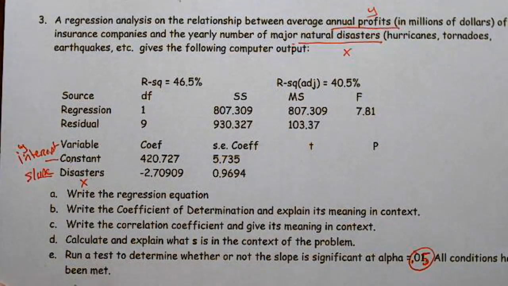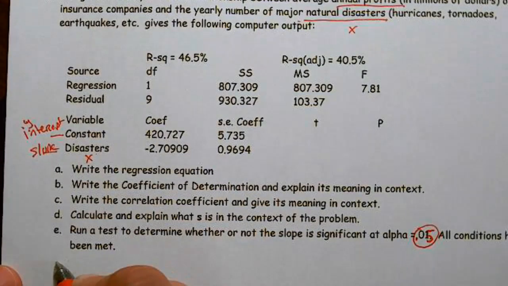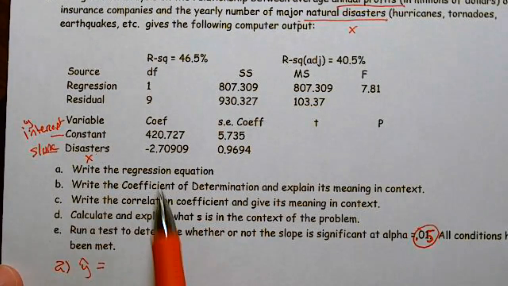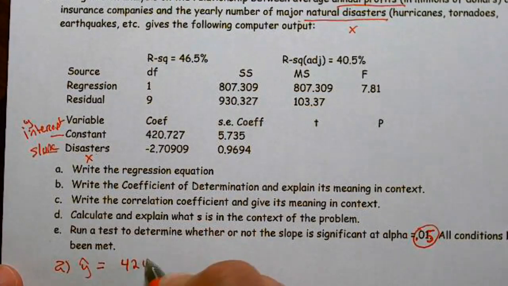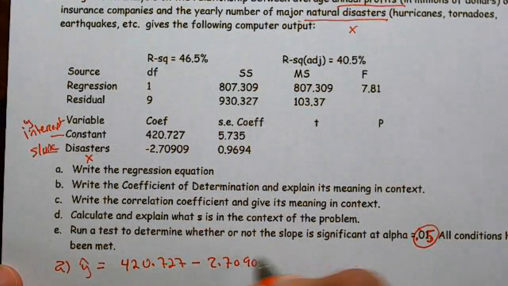My immediate response, because this is the way I did it in school a long time ago, is: okay, y hat equals 420.727 minus 2.70909x.